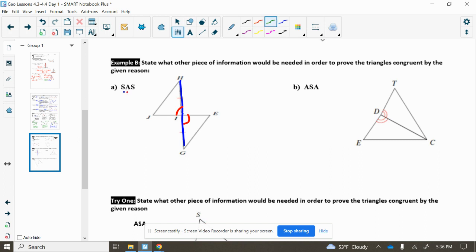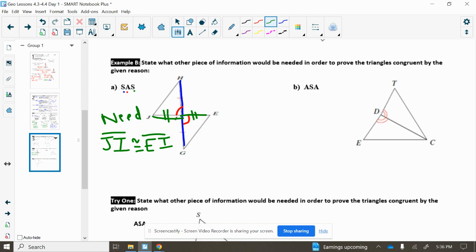What we would need, though, is another side. And in particular, it would have to be the side next to the angle so that we can make that the included angle. So we would say we would need side JI congruent to side EI in order to prove these two triangles congruent by side, angle, side.